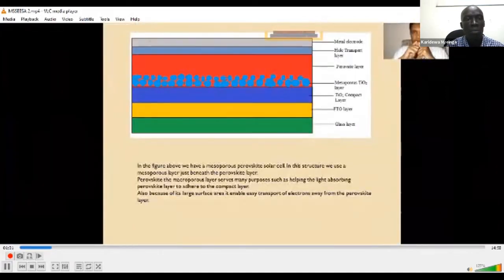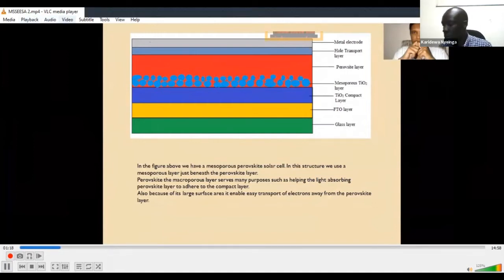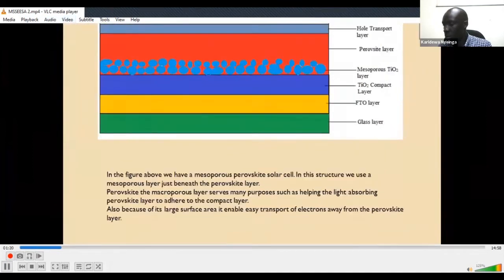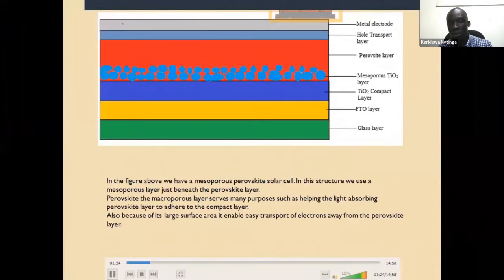First of all, let's understand the basics of a solar cell. In a solar cell, we have the absorber layer in between. In the absorber layer, light comes in and excites an electron, which creates an electron-hole pair. The electron moves downwards through the compact layer into the FTO layer, while the hole moves upwards into the hole transport layer and the metal electrode layer.